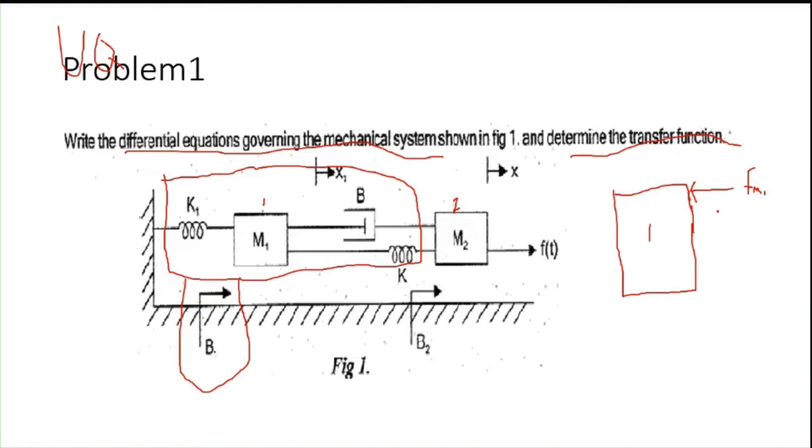Now, what is another force? The force due to K1, isn't it? There is a spring connected. It will exert a force on this mass. That is FK1. Now, what is another force? Somebody say.